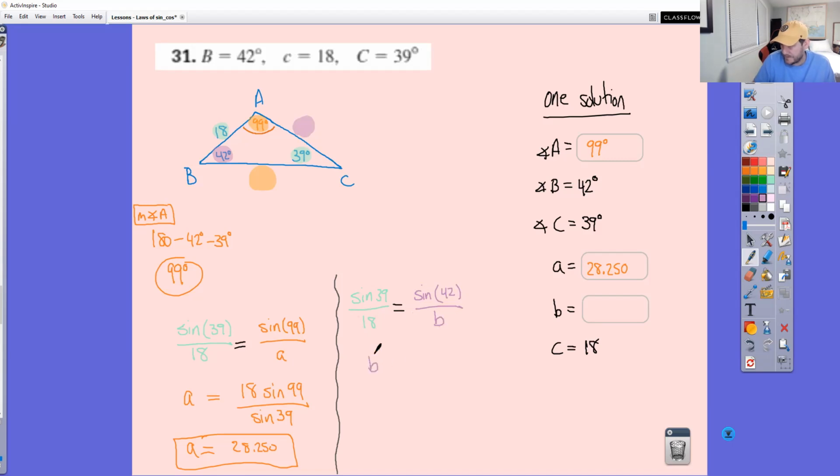We'll go, okay, B times sine 39, it'll equal 18 times sine 42. So it gets divided by sine 39. So B will be approximately 18 sine 42 divided by sine 39, 19.139.